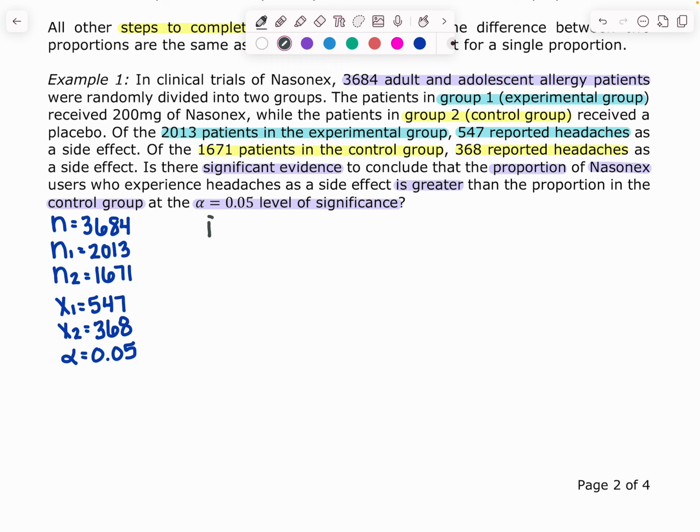So the first thing I need to do is write down my null and my alternative. So every hypothesis test, no matter what I'm looking at, starts with an H0 and an HA.